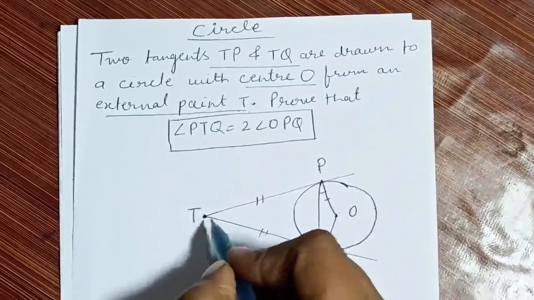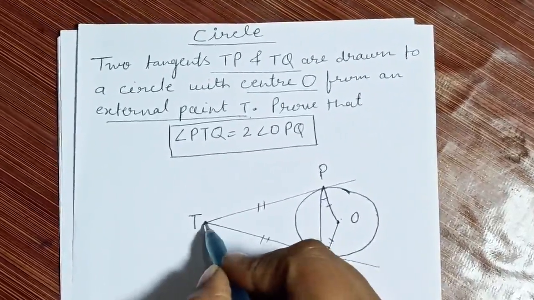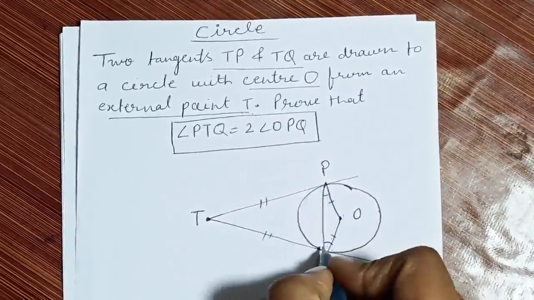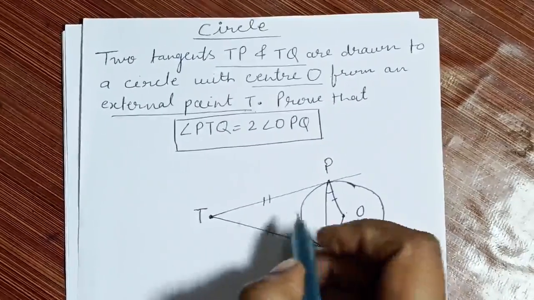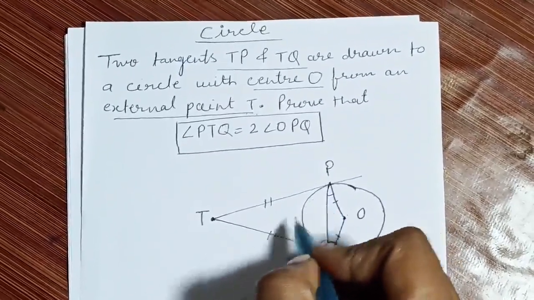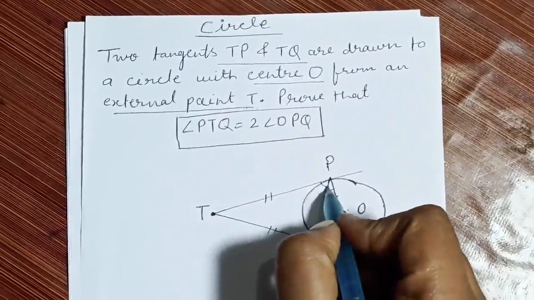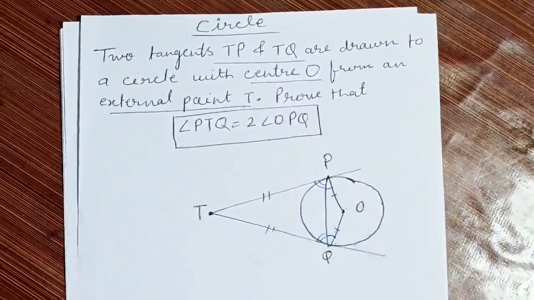Now the opposite angle of side TP is Q and the opposite angle of TQ is P, so these two angles are equal.